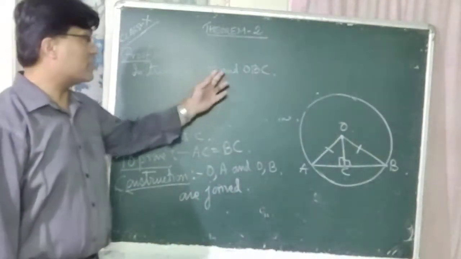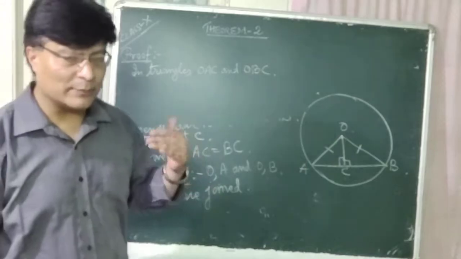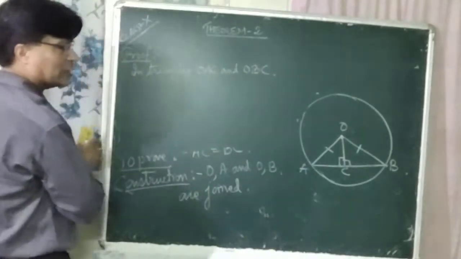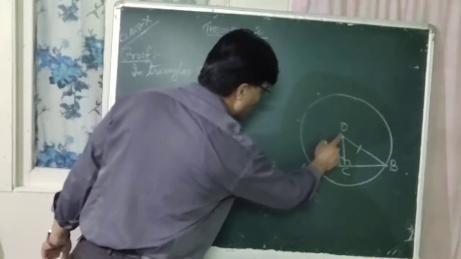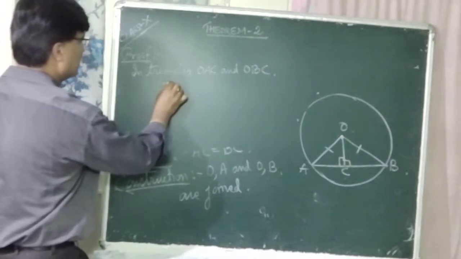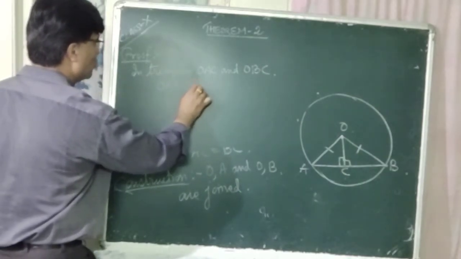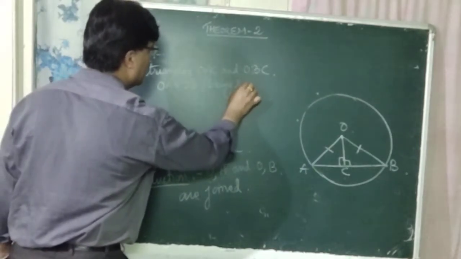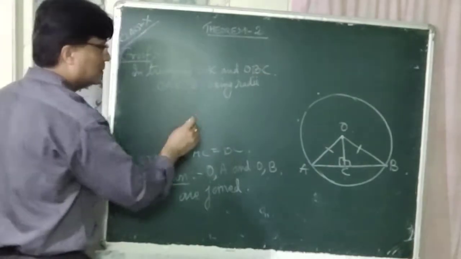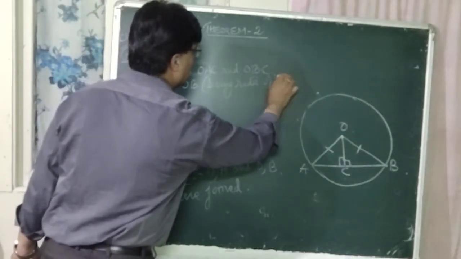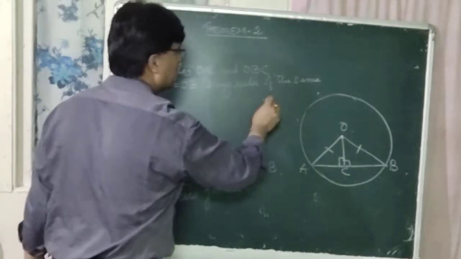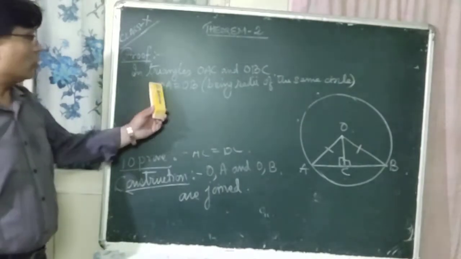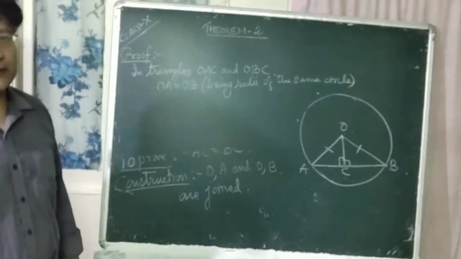One reason is OA is equal to OB, being radii of the same circle. Is that clear? OA is equal to OB, these are the radii of the same circle.